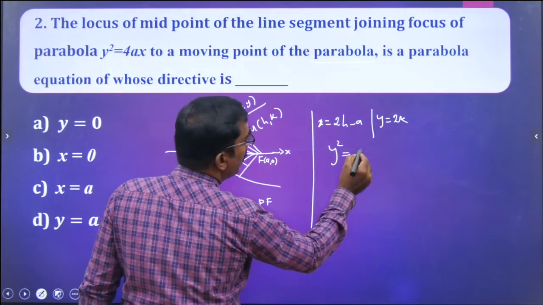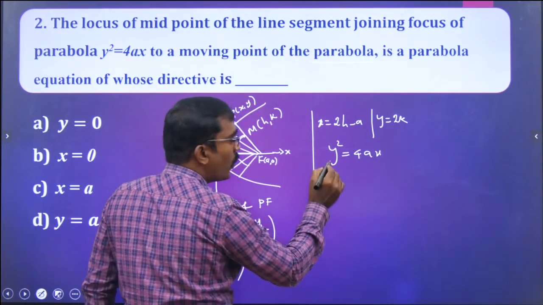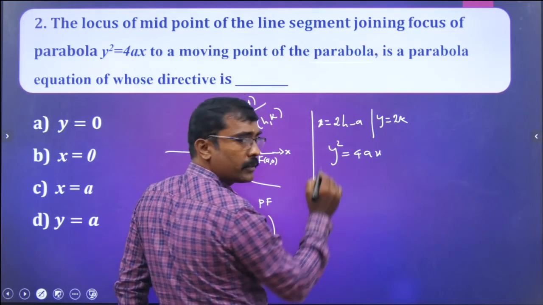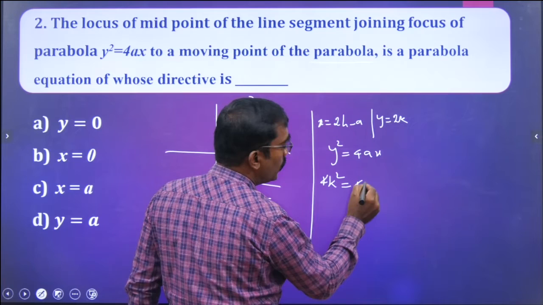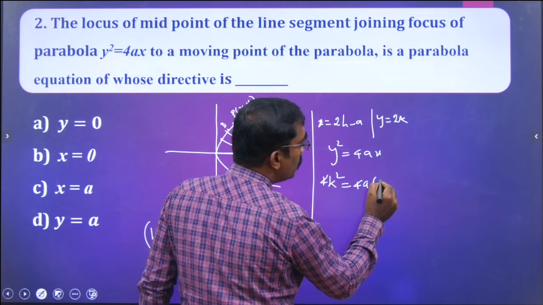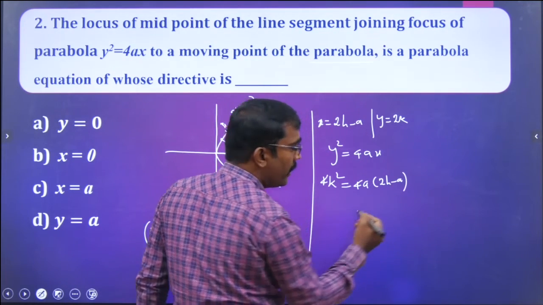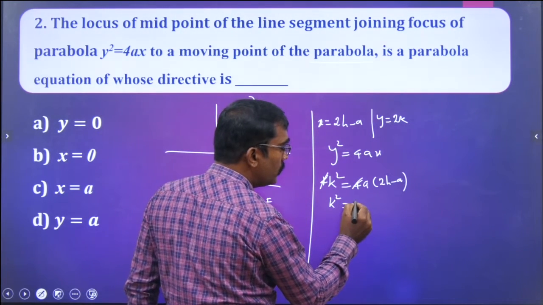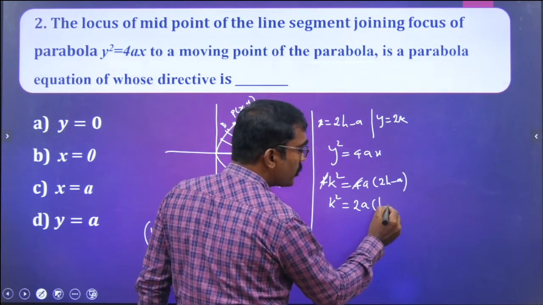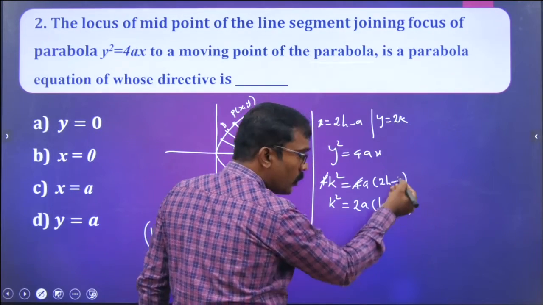Substituting these values into y squared equal to 4ax, y is replaced by 2k and x is replaced by 2h minus a. This is 4k squared equal to 4a into (2h minus a), and 4 cancels. Next, k squared equal to 2a into (h minus a by 2), taking 2 common.